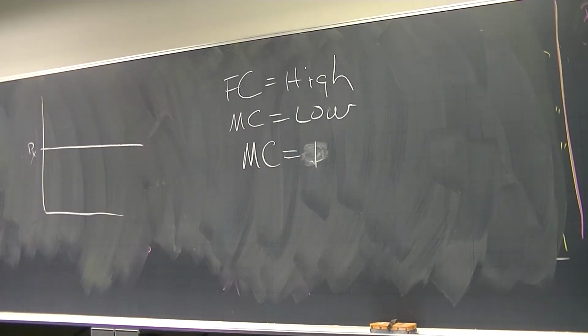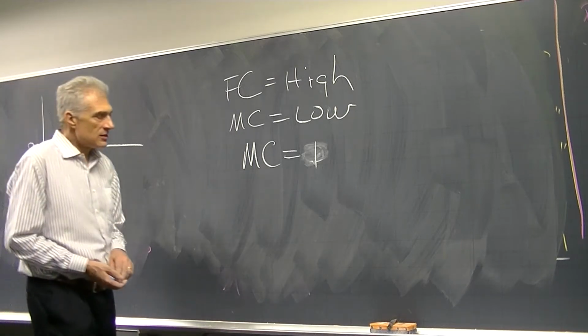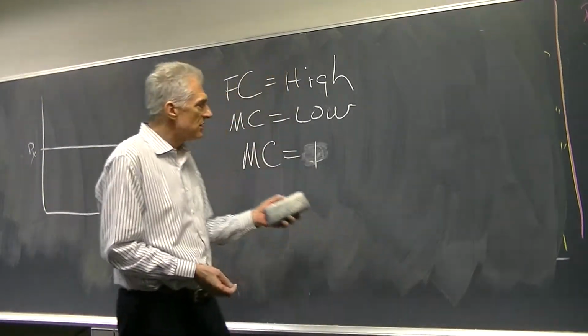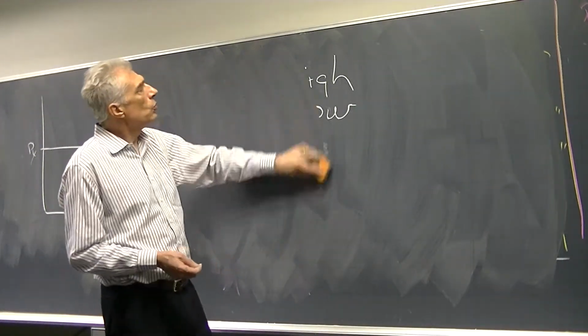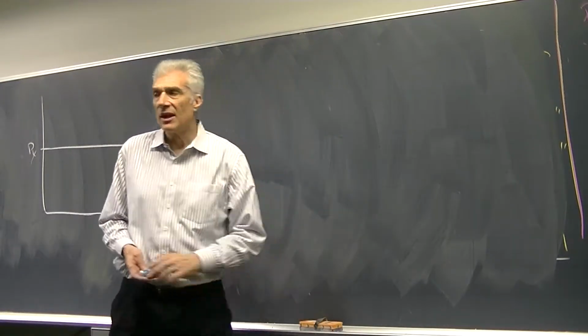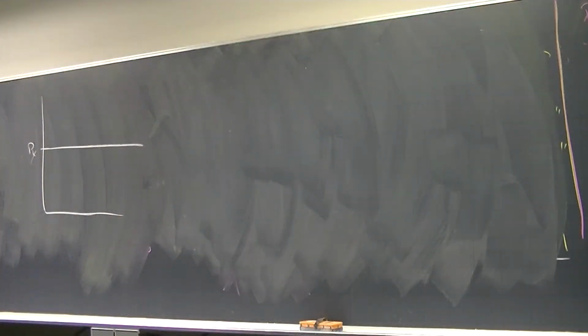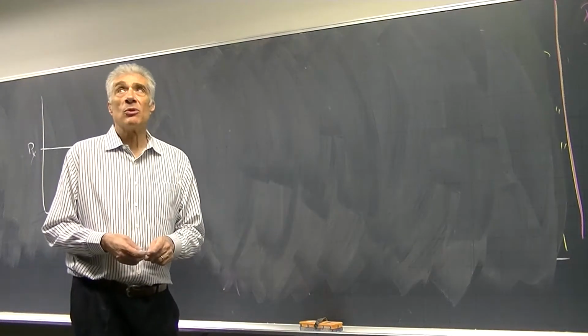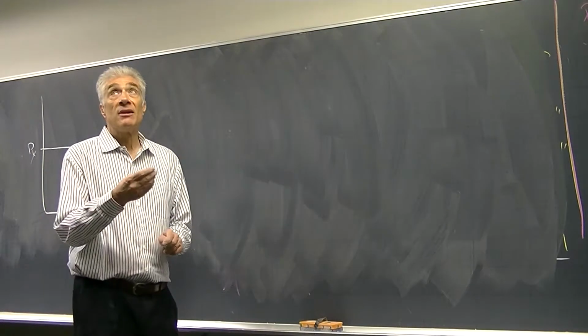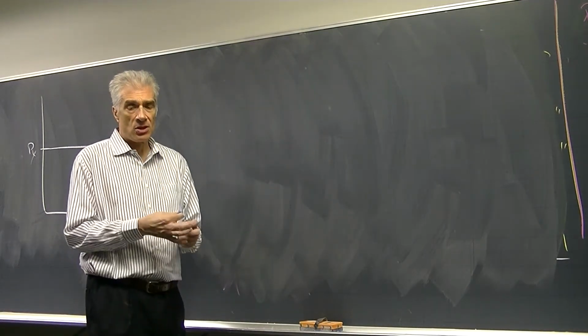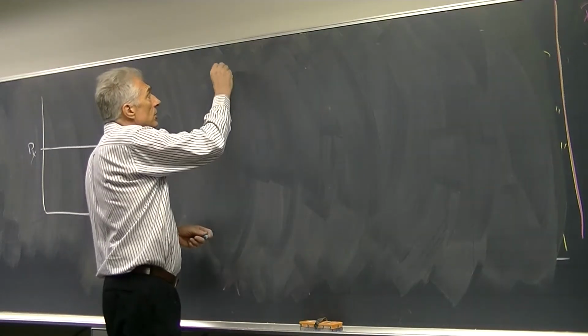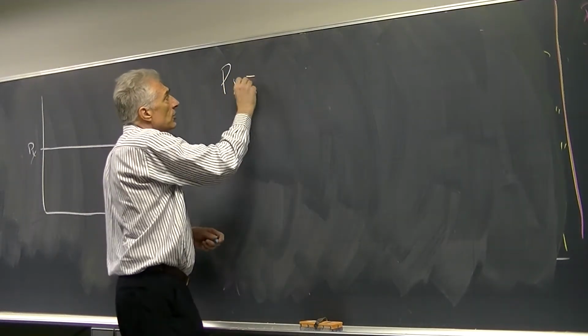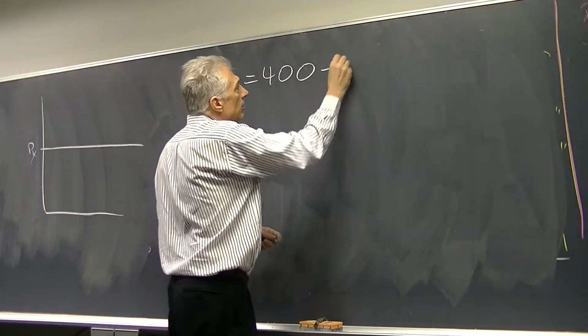So remember we had that question? I asked you, at what price, given that PX equals 400 minus QX?